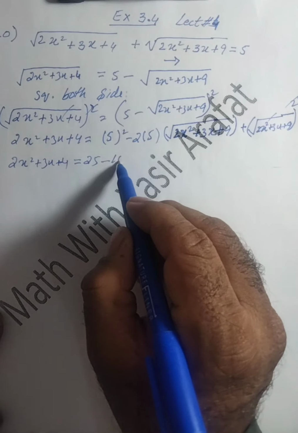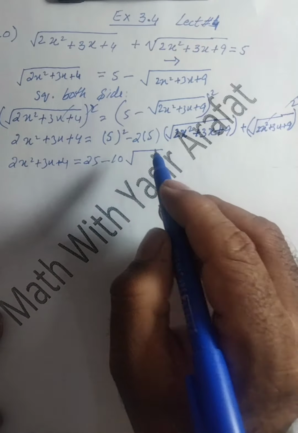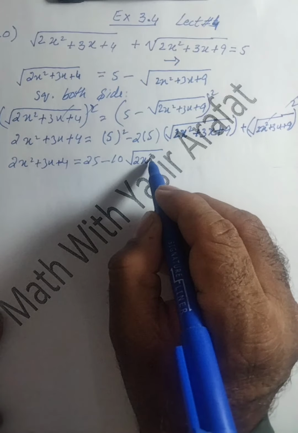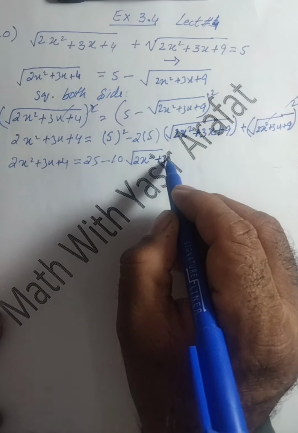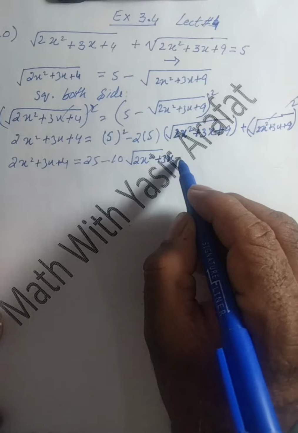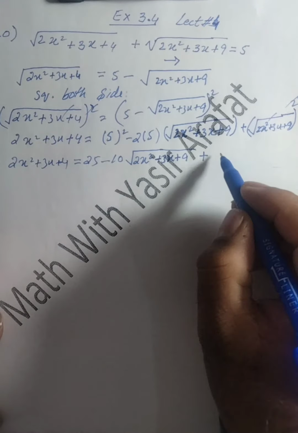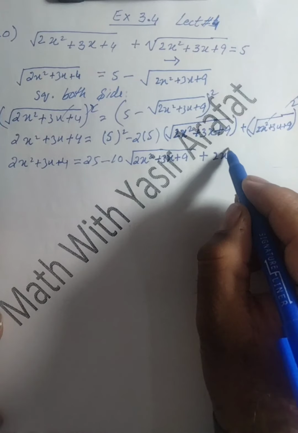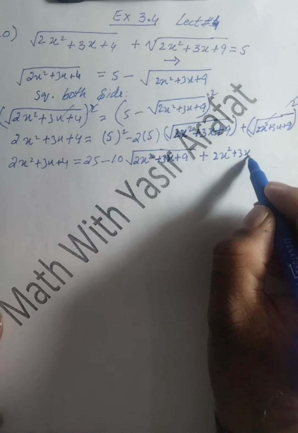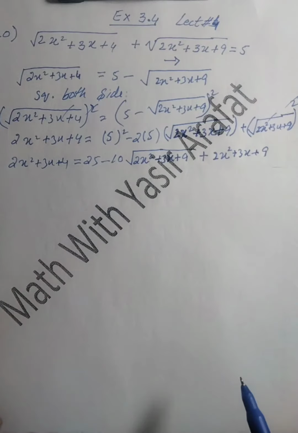2 5s are 10, and this is 2x square plus 3x plus 9 in the radical, and here this is 2x square plus 3x and plus 9.